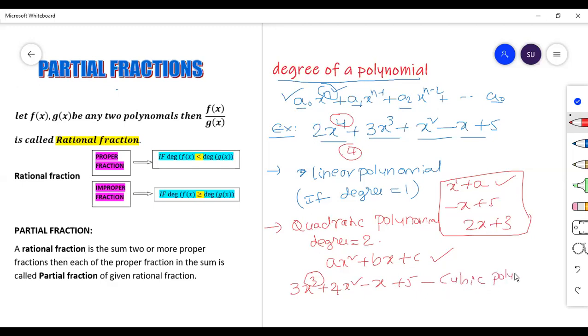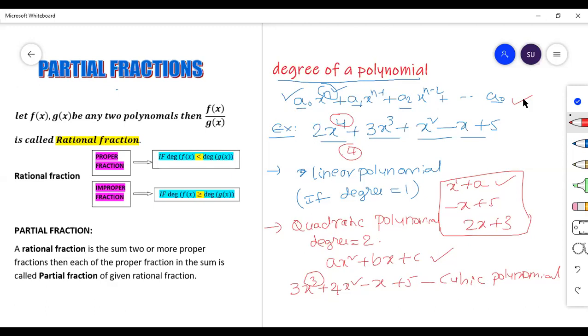If the degree is 4, that is a fourth degree polynomial. The same way, if the degree is n, that is called an nth degree polynomial. So degree means the highest power of x in the given polynomial. I hope we understand the concept of the degree of a polynomial.